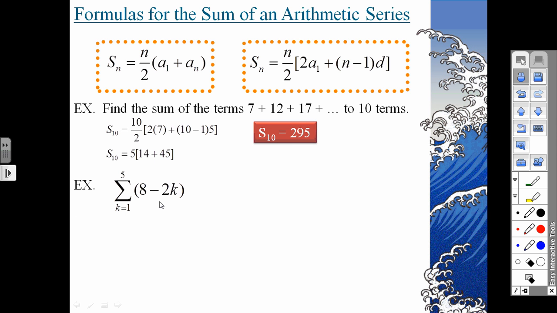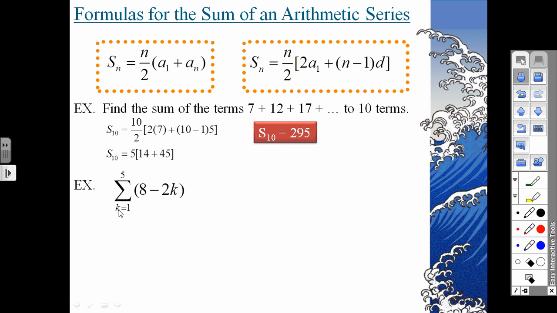All right, what if they give it to you in sigma form? Okay, well, this is probably where we would want to use that first formula. So it's really easy to figure out what your first and last terms are when you're in sigma form because you just plug in this number down here for k, that gets you your first term. Plug in this number for k, that gets you your last term. And then you just have to figure out how many terms are in your series.